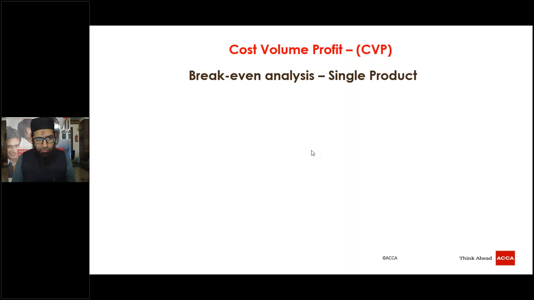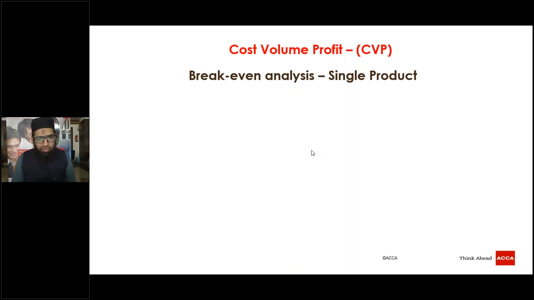For this, log on to acca.campusinsight.net. You have received the login details and password. Log in, and there you can see the day-wise questions that I'm discussing.